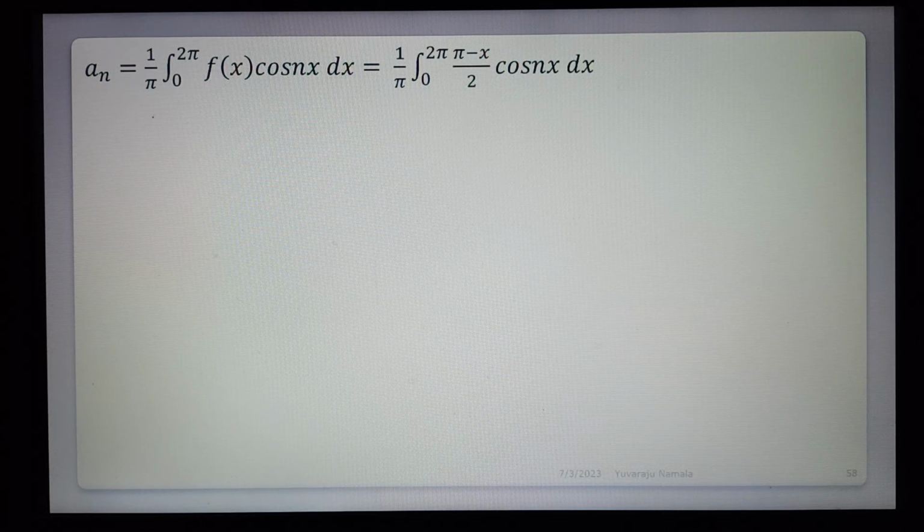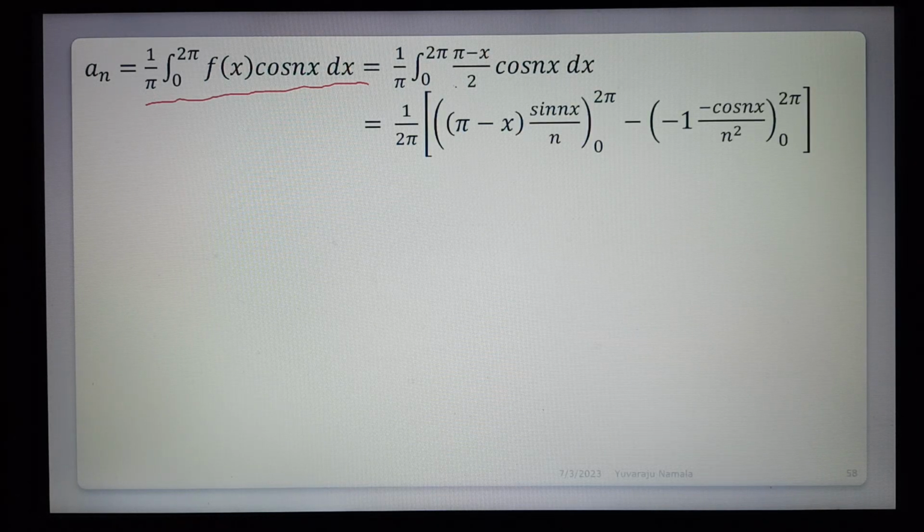So an is equal to 1 by pi into integration 0 to 2 pi of f of x cos nx dx, that is equal to 1 by 2 pi integration 0 to 2 pi of 5 minus x by 2 into cos nx dx. By the by-parts method, u into v method: this is u, this is v. Taking 1 by 2 common, 5 minus x is u, so 5 minus x into the integration of cos nx, which is sin nx by n, limit 0 to 2 pi, minus the derivative of 5 minus x, which is minus 1, into the integration of sin nx, which is minus cos nx by n square, from 0 to 2 pi.